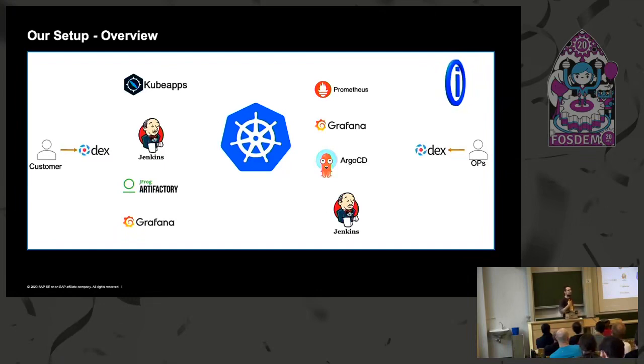If you have a UI like Prometheus, it creates a UI and it's unprotected. That's not something you can do in our company. So we put a DEX up front, connect the DEX with our LDAP server. So you can use your company credentials to log into DEX, and then you have access to Prometheus or Alert Manager. What we also have is an Artifactory for caching reasons.